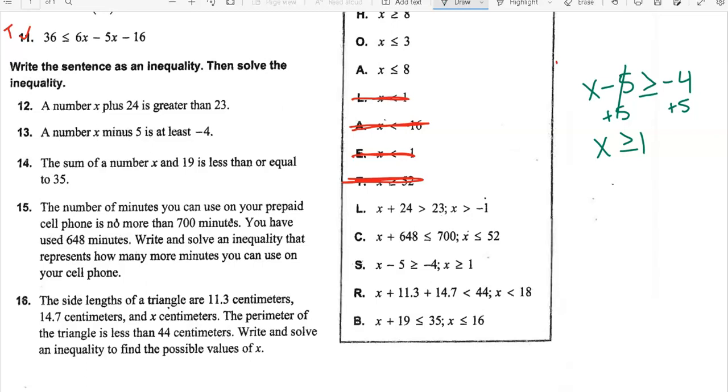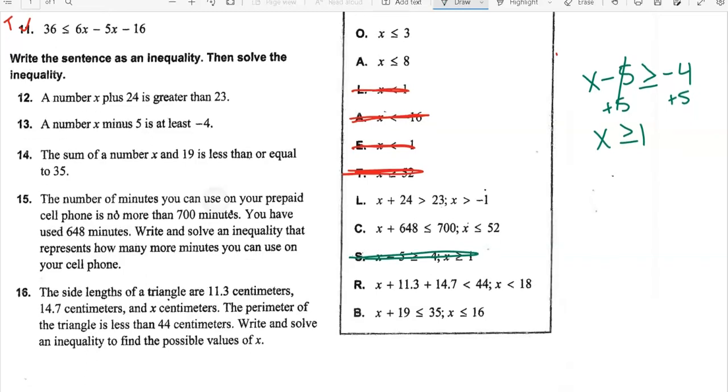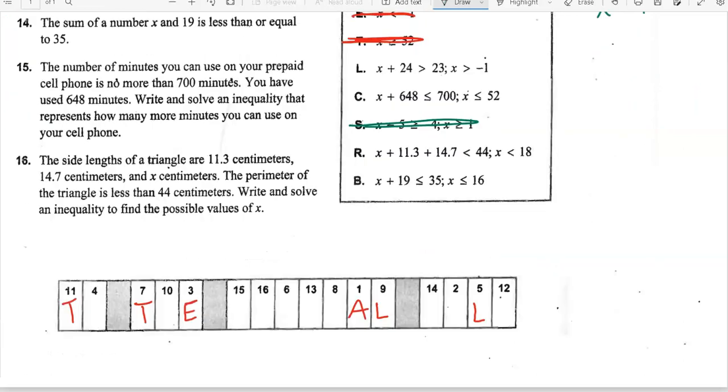It has this set up. And it has the answer. Good. Yeah, so we did set it up the correct way, and we solved it the correct way. So 13 is going to be S. 13, there it is, S.